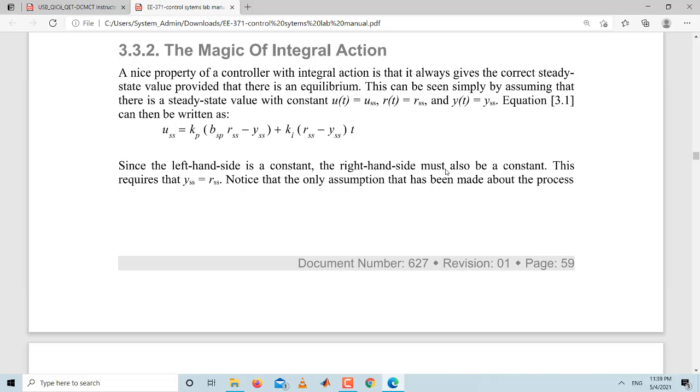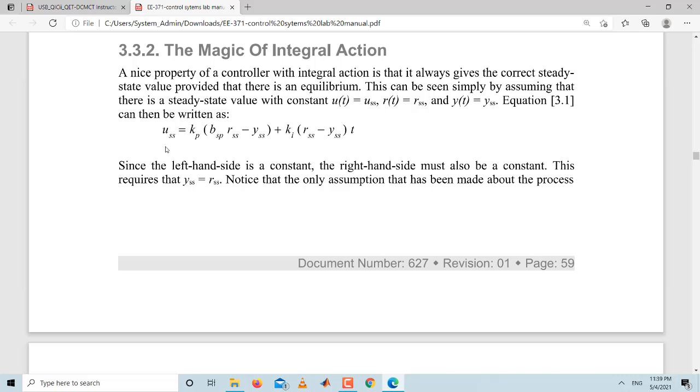So let us replace these things in the first equation that we were talking about. The left hand side becomes USS, Kp into BSP, these are the two gains, R minus Y of S plus Ki, and since the integration of the constant yields the variable t here, it's simply the difference between R and Y multiplied by t.